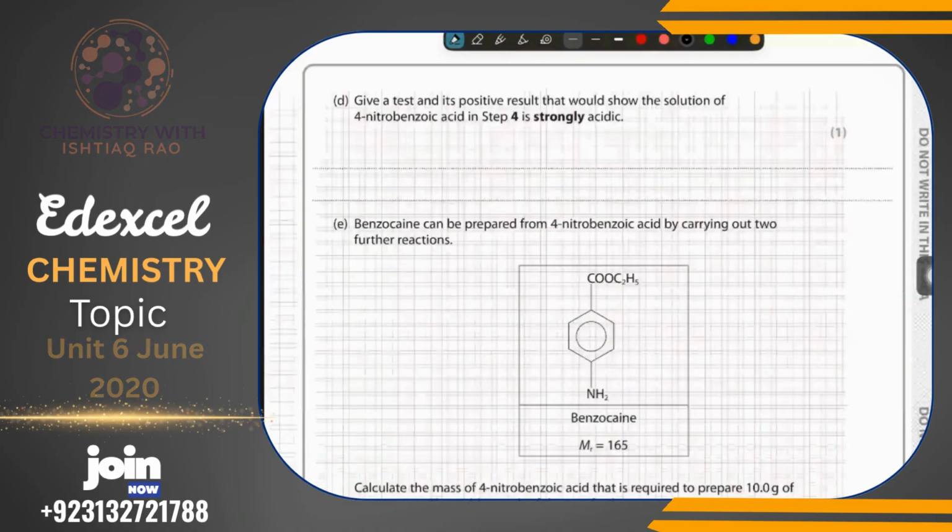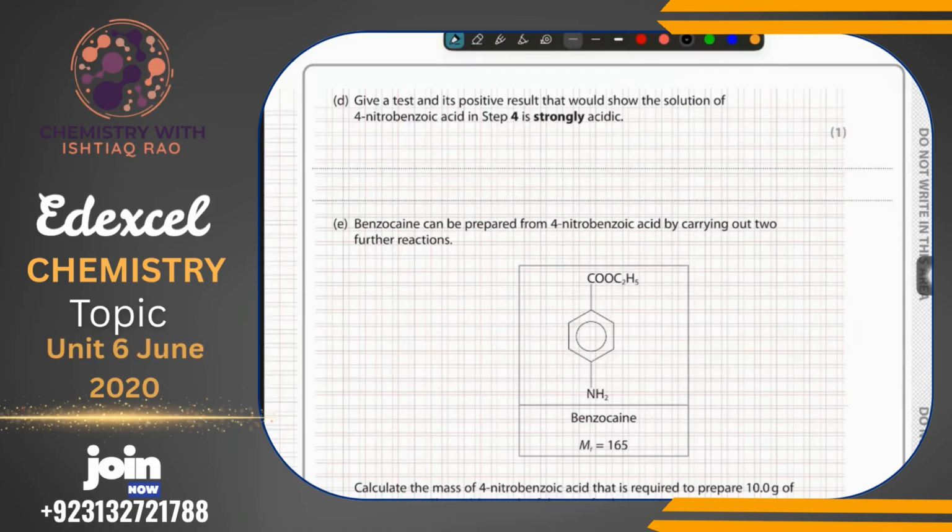4-nitrobenzoic acid in step 4 is highly acidic. Dip a litmus paper. Litmus paper will be universal indicator, only telling you the presence of acid. Exactly, universal indicator. What if I would be adding a pH meter?